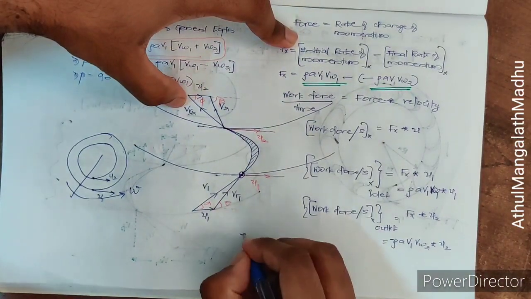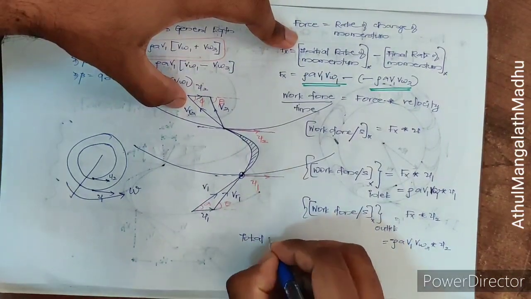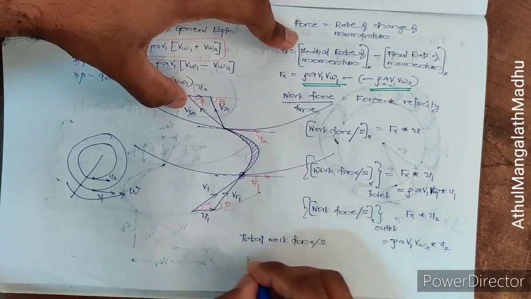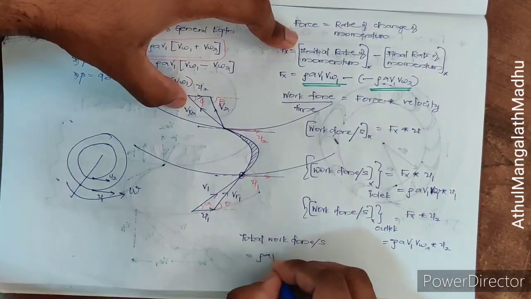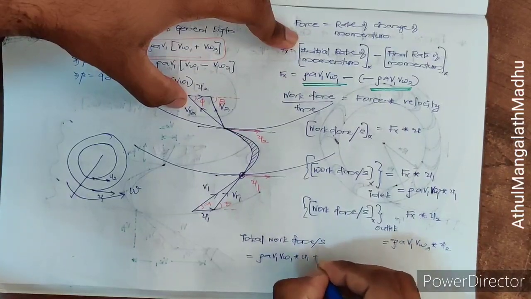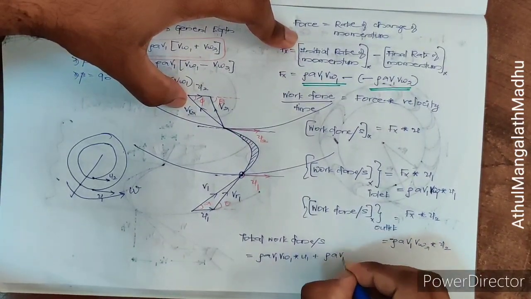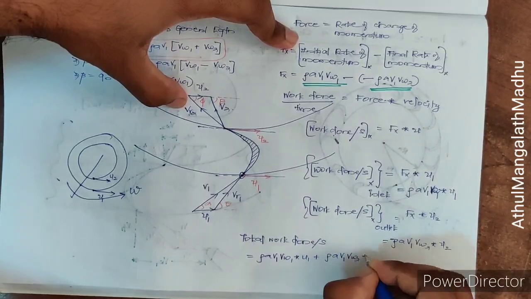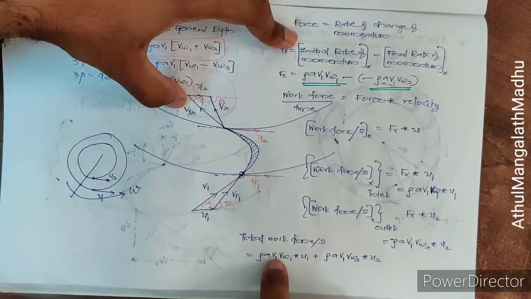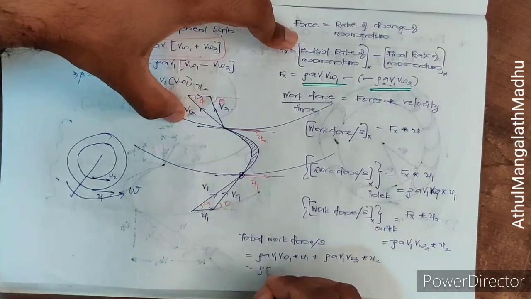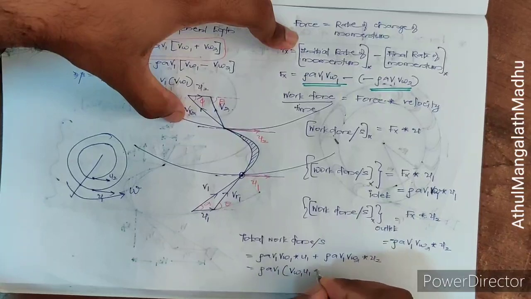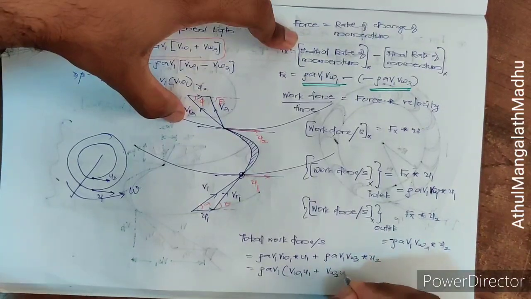So the total work done per second, I can write as rho A V1 Vw1 into u1 plus rho A V1 Vw2 into u2. In these two terms, rho A V1 is common, so I can write rho A V1 multiplied by (Vw1 u1 plus Vw2 u2).